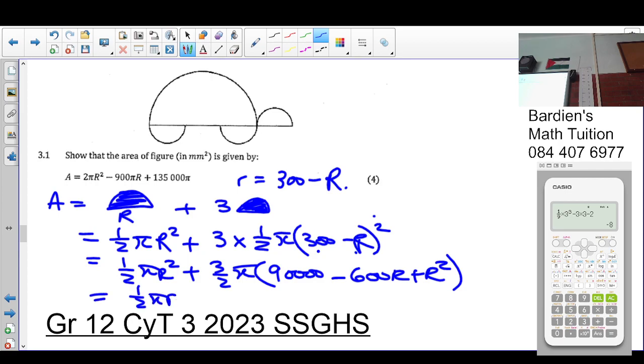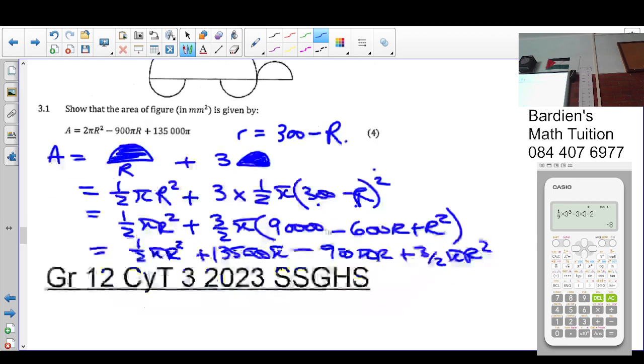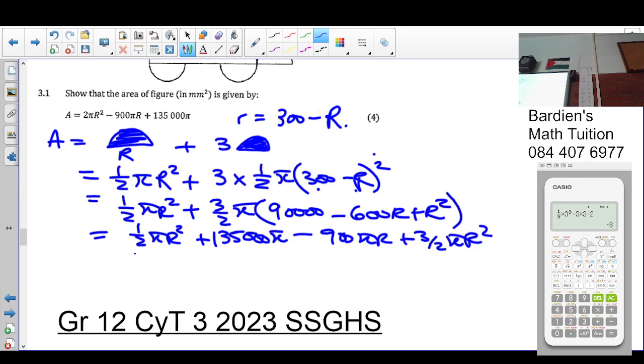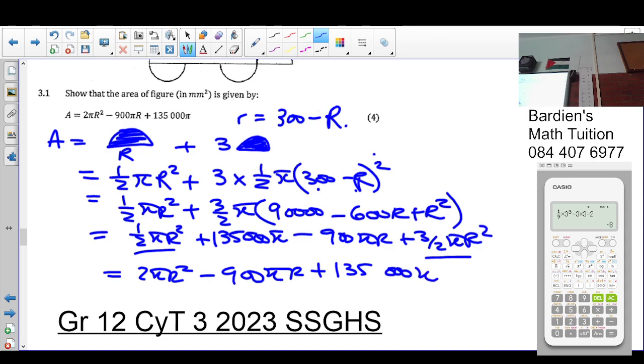So it's going to be half pi R squared plus 3 over 2 pi times 90,000, which gives you 135,000 pi minus 900 pi R plus 3 over 2 pi R squared. Then from there, it's just a matter of adding like terms, which are those two there, which now gives you 4 over 2, which is 2 pi R squared minus 900 pi R plus 135,000 pi.